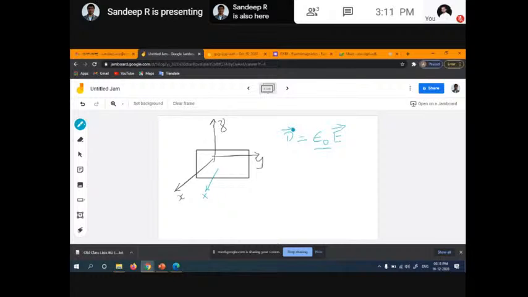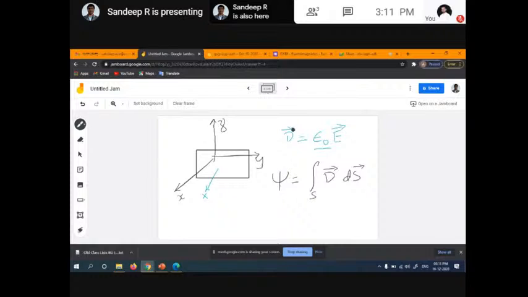If I want to determine the total electric flux from a closed surface, then it is given by psi is equal to the surface integral of D dot ds.